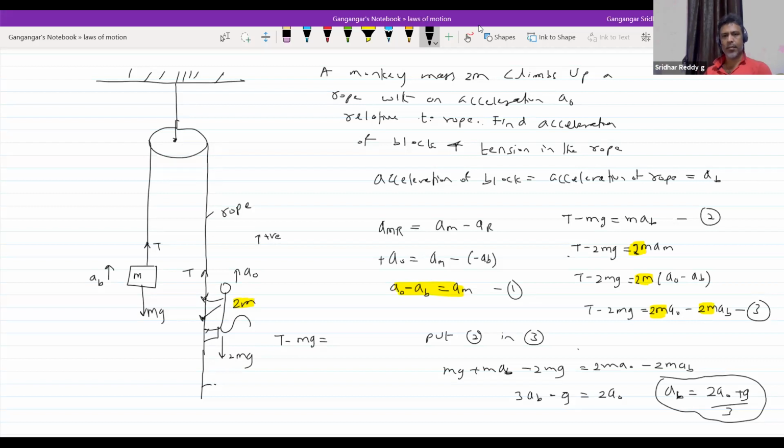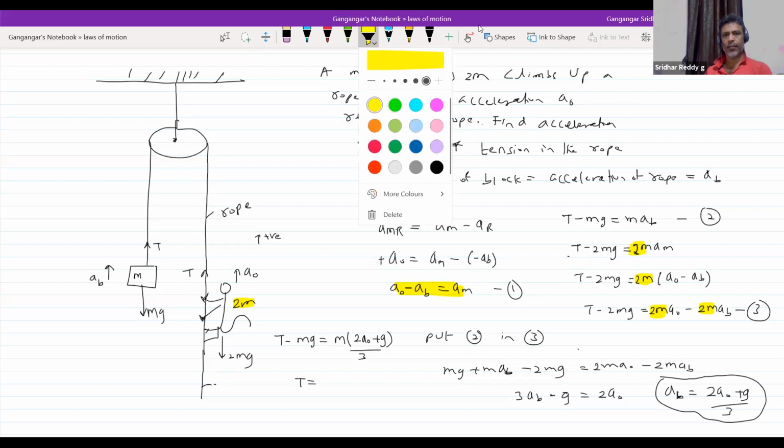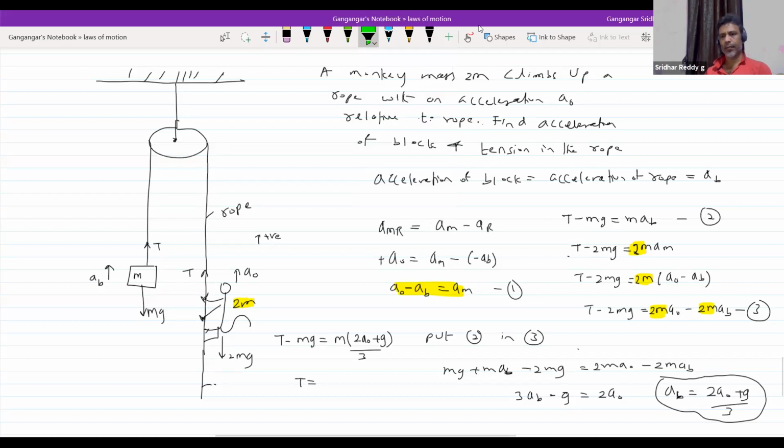M into... Anybody, the value of tension?